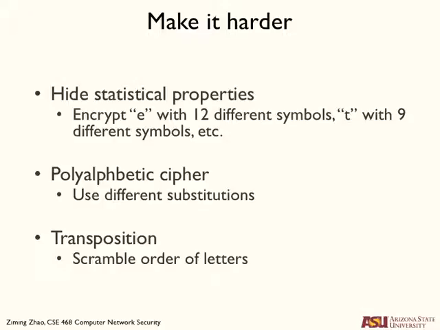Actually, it's just like we use the substitution cipher many times at different stages. So one letter will be replaced by different letters. And another way to enhance this is called the transposition cipher. The transposition cipher will change the order of letters. Previously, the order of letters had not been changed. So we are going to talk about the polyalphabetic cipher first.